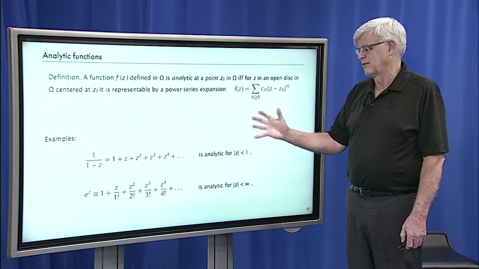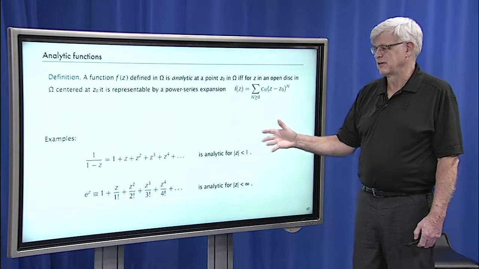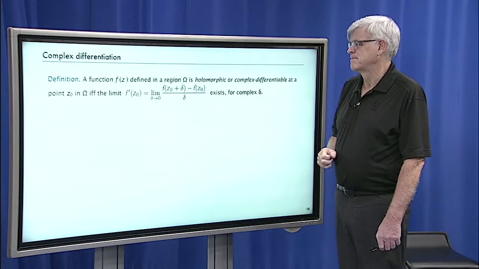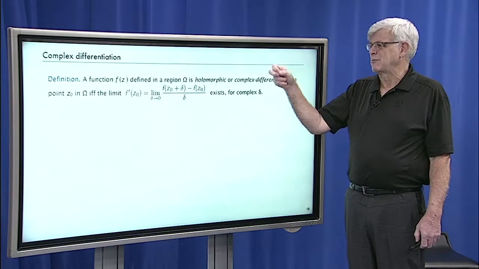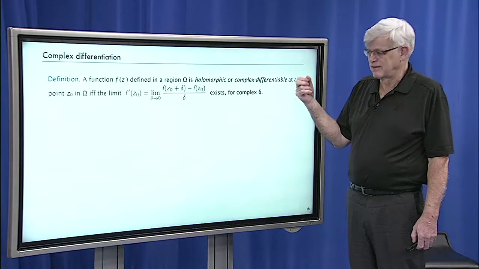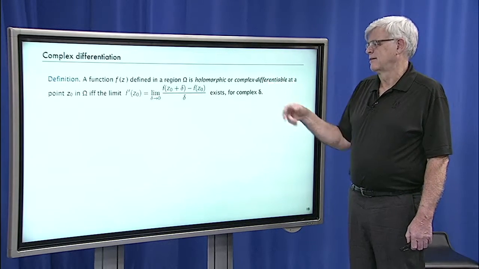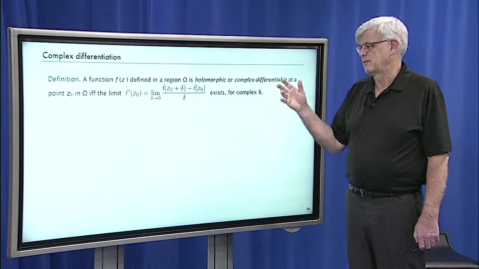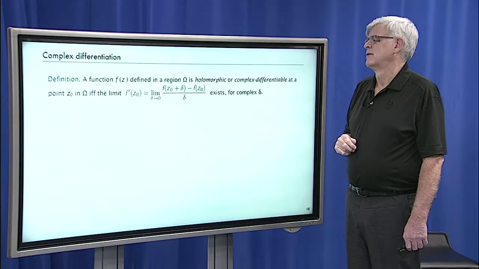For the purposes of this course, we're going to be using these kinds of series. And then there's the idea of complex differentiation. Well, we define that in the same way symbolically that we do for real numbers.